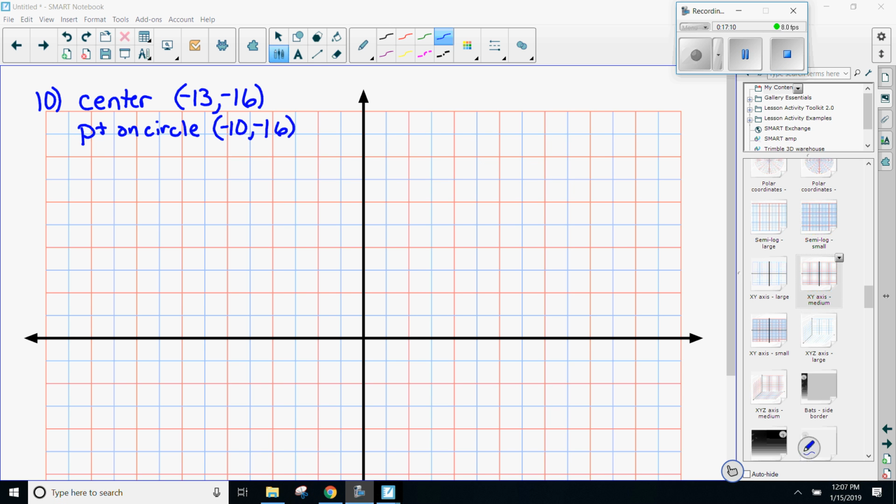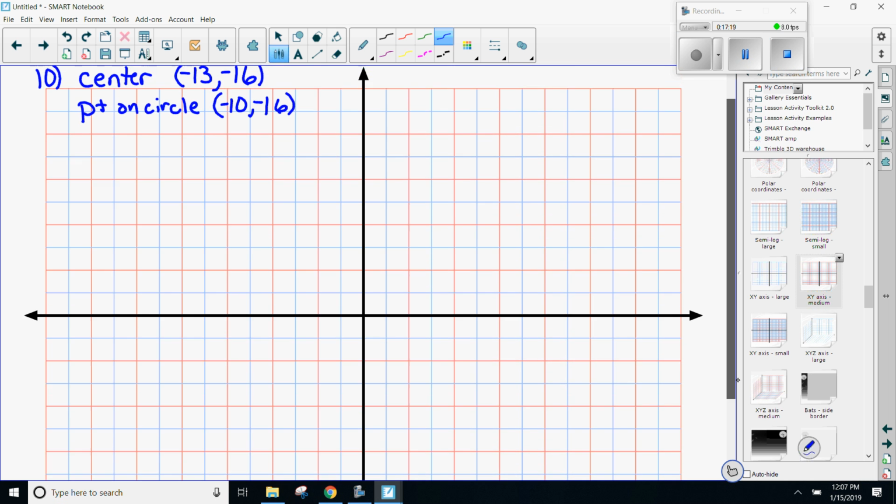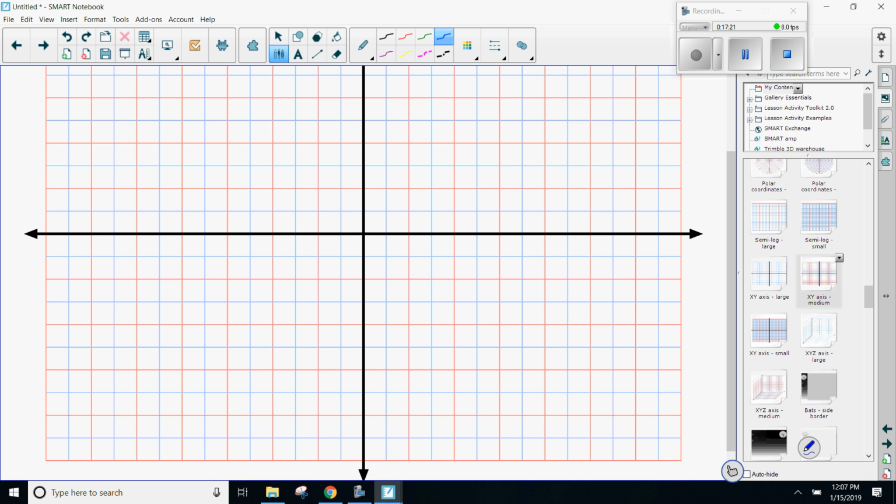Okay, where's the center of the circle? Yeah, just count. Or in this case, okay, so I got to scroll here. I think I only go 10. 2, 4, 6, 8, 10, 12. I don't have enough going down. So we're going to divide it in half, okay? So we have the center of the circle is negative 13, negative 16.